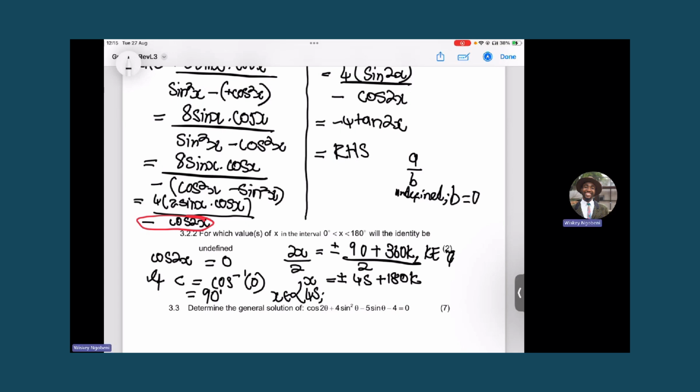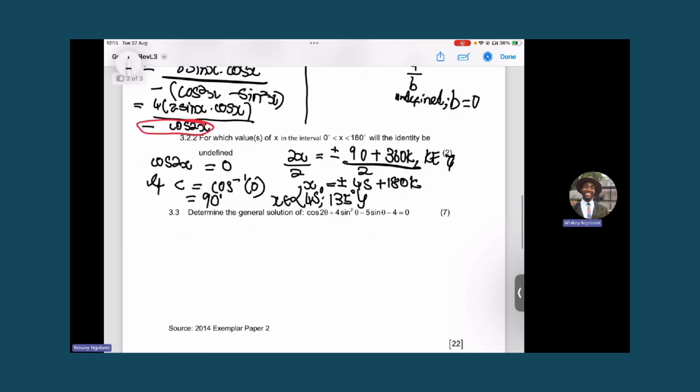If you substitute k with 1, you get 135, because 180 minus 45 is 135. Those are the two solutions. So your answer is 45 degrees and 135 degrees.